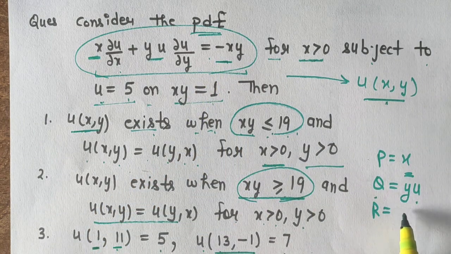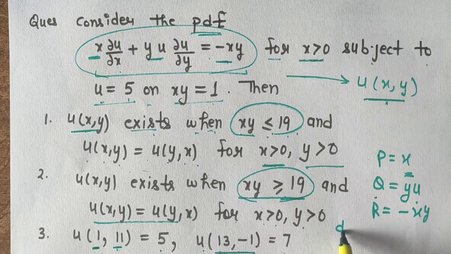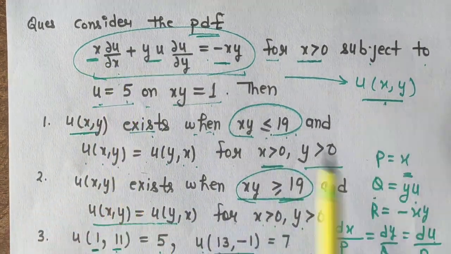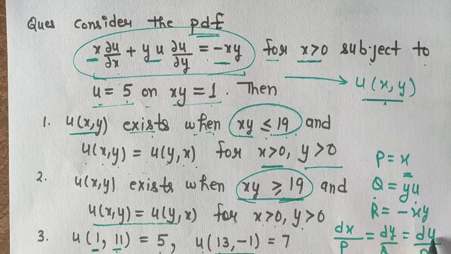That means the value of r is -xy. Then we can solve the Lagrange equation in the form dx/p = dy/q = dz/r, or du/r, because the dependent variable is u, so z changes to u.